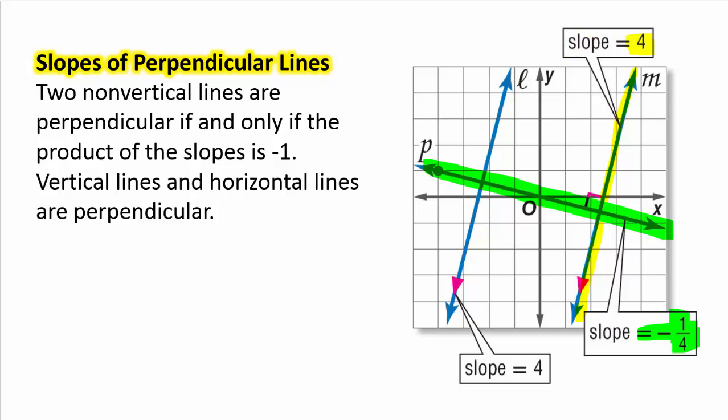So we need to multiply 4 times -1/4, the slope of line M and the slope of line P. And when we multiply those two things together, their product is -1.